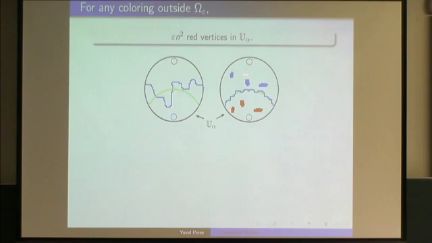And again, in these cases, since we assume their total mass is bigger than epsilon n squared, these holes are large enough that just their gluing is going to reduce the effective resistance by a substantial amount.